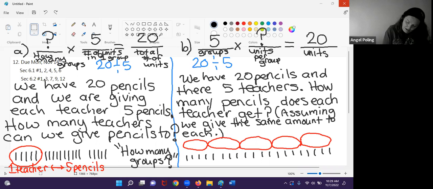Okay, so we partition in that we know we have 5 groups. And so if this was a number line that we had drawn, we would have our number line, right?